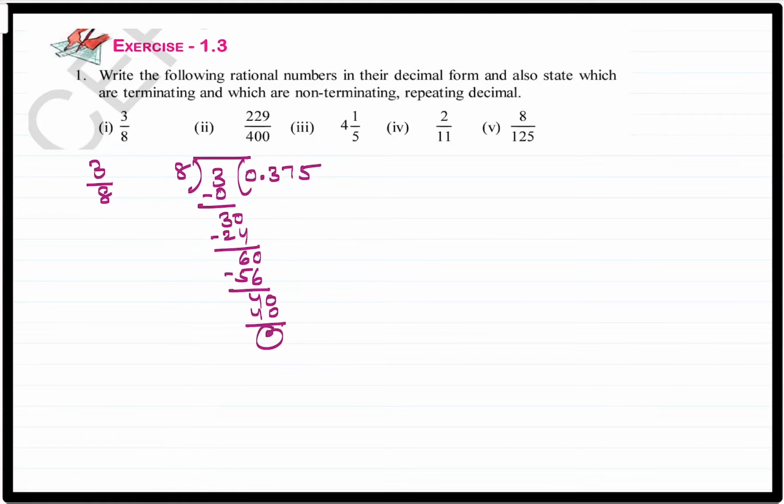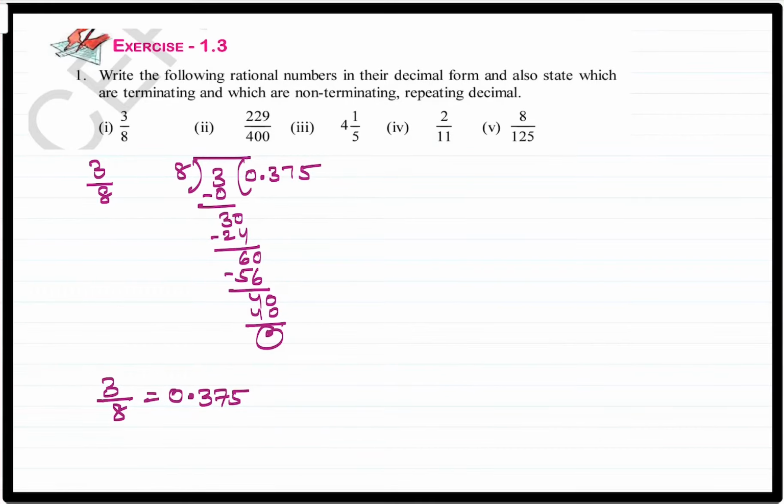So 3 by 8 can be written in decimal form. 0.375 is the decimal expansion of 3 by 8. Here you see we got the remainder 0, and this division terminates after a few steps.